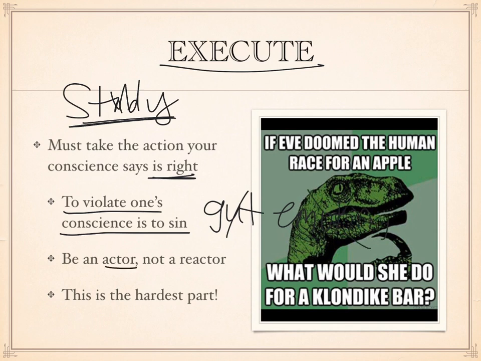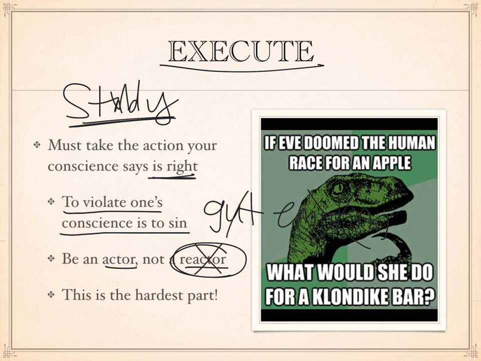So be an actor, not a reactor. What they mean by that is an actor is someone who makes his own decisions, who knows what he wants, who does what's right, who acts on his conscience, not just someone who reacts to everybody else. We can all think of times where we did things just because we were reacting to someone else.